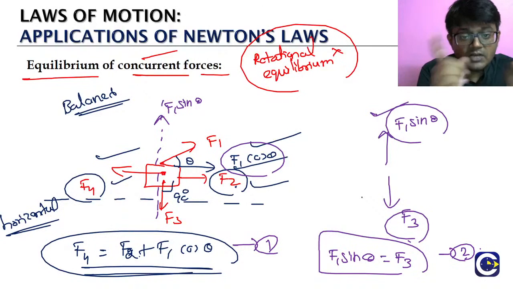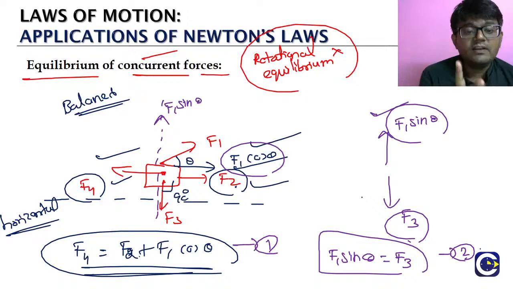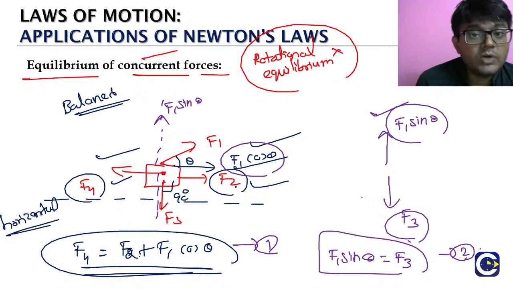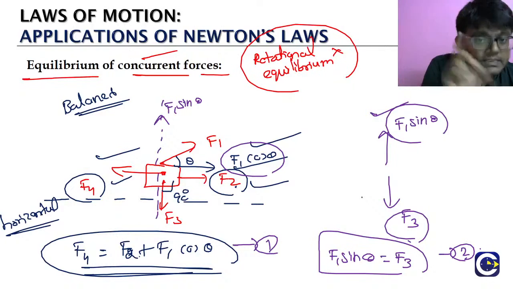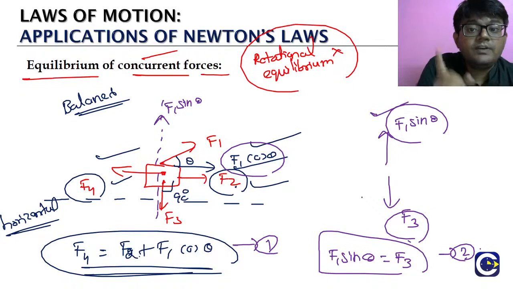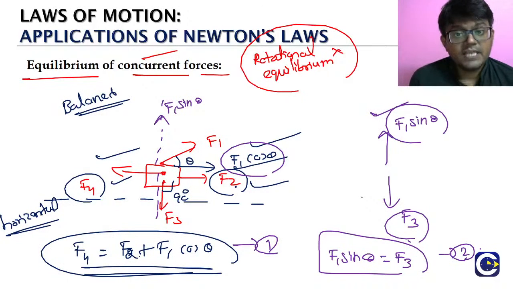Another thing is that we will be able to have only two equations. Rather than saying two equations, I'll say we will be able to have only two independent equations. How many independent equations will we get? Only two.